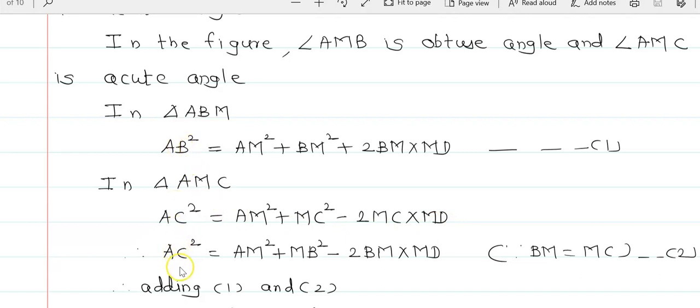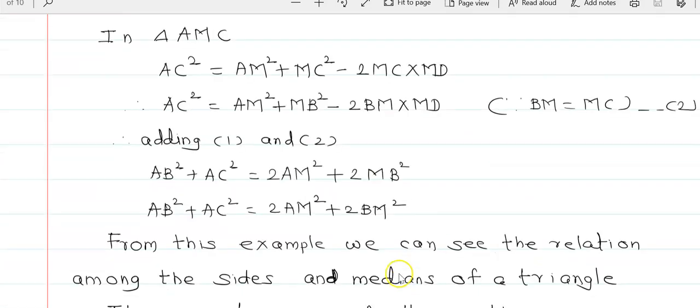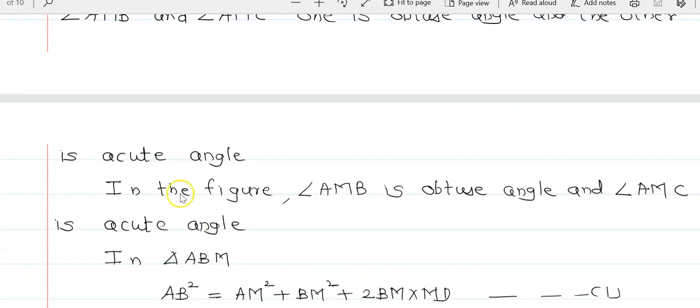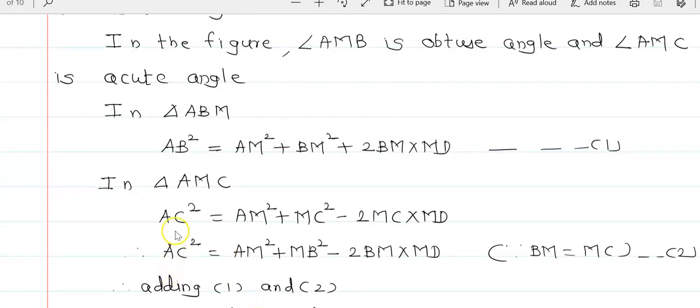Now we add these two. As M is a midpoint, BM is equal to MC. We substitute the values and add equation number 1 and equation number 2. Here is AB square, here is AC square, AB square plus AC square.